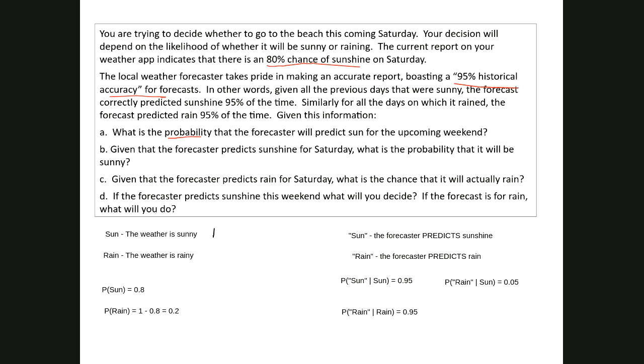And similarly, on those days when it's actually rained, the forecaster has predicted sunshine 5% of the time. So this is all of the information that's given to us from the outset.